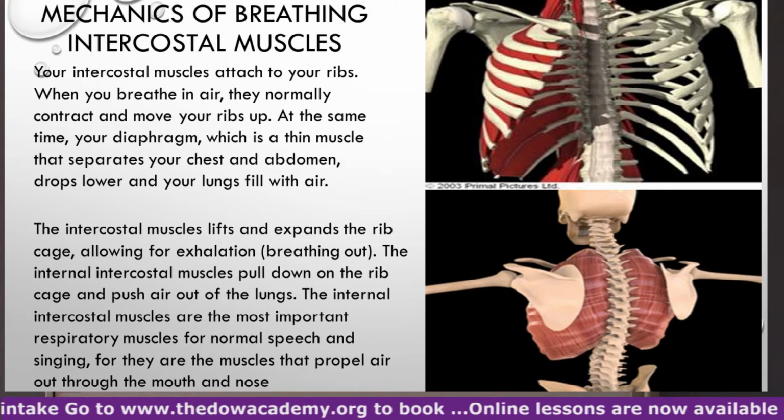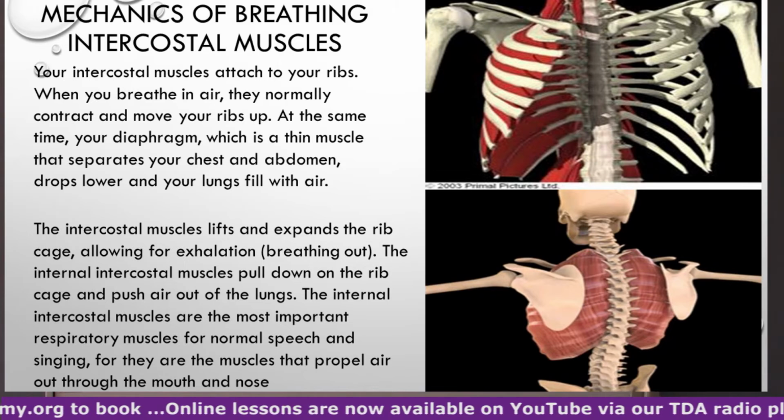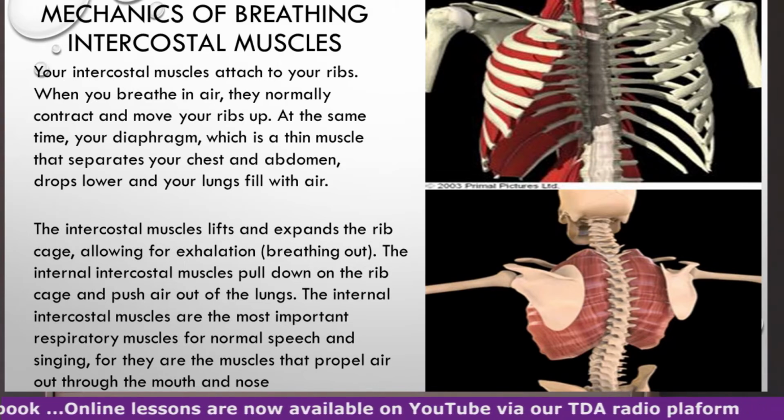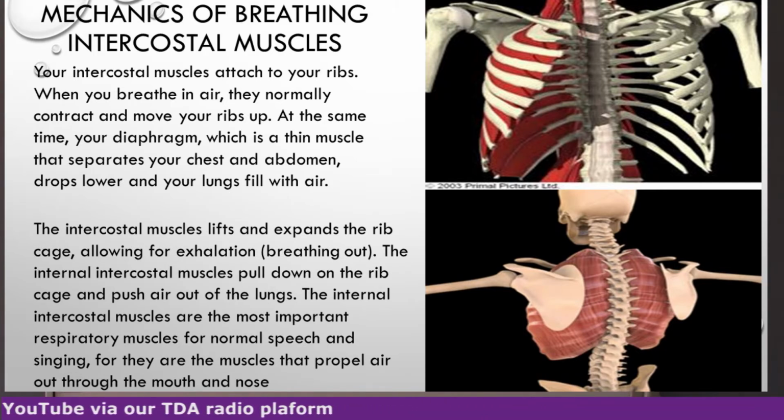The internal intercostal muscles are the ones that you see in between your ribs. The external intercostal muscles are the ones which cover the rib cage. The internal intercostal muscles are the most important respiratory muscles for normal speech and singing, for they are muscles that propel air out through the mouth and nose.